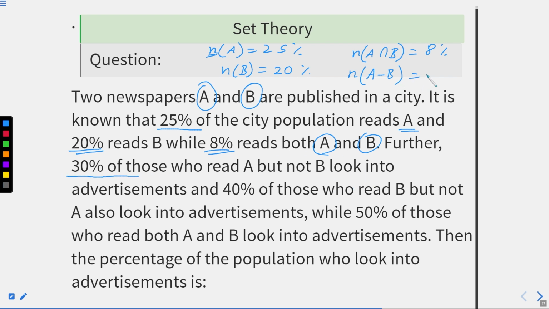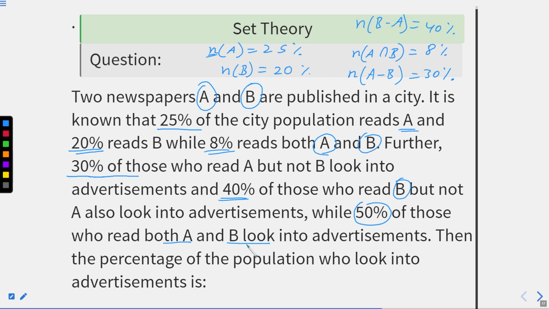Similarly, 40% read B but not A. Now 50% of those who read both A and B look at the advertisements.